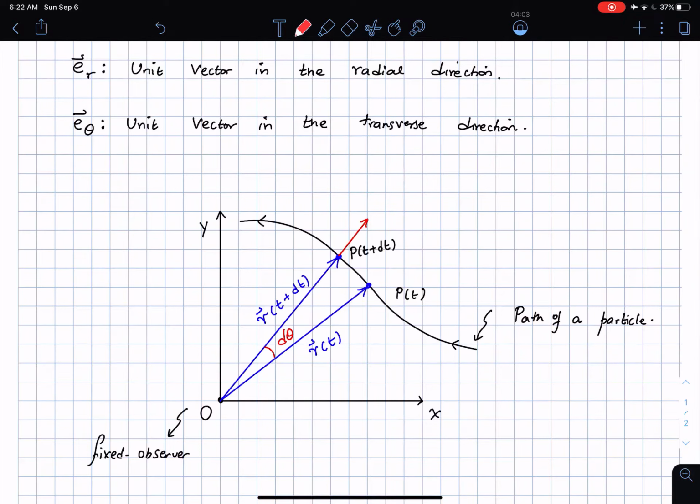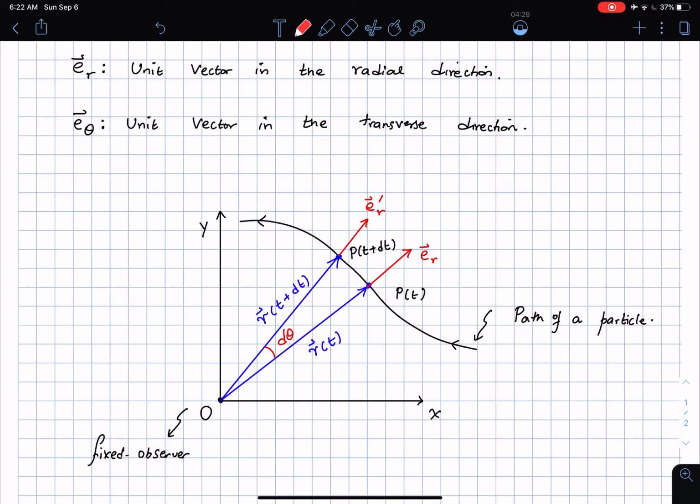This is going to be the direction of the radial unit vector. Of course, these are all unit vectors, so they have a magnitude of 1. So this I'm going to call E suffix r, at time t, and I'm going to call this E suffix r prime, at time t plus dt.